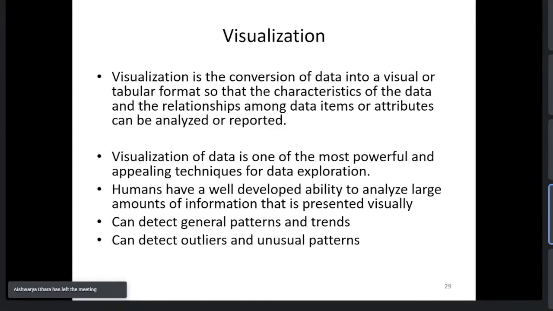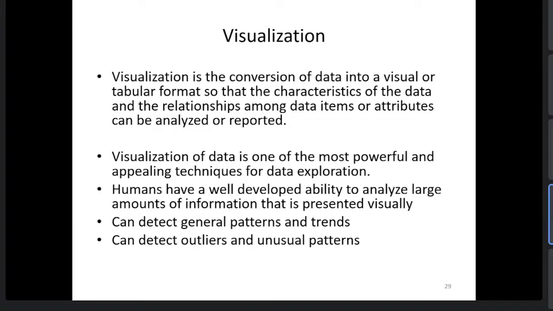And that is why we need to visualize the data. Because we can detect the patterns of the data, and what the trends are, what outliers are available in the data, and what the unseen patterns are. So visualization is very important. Just move to the next slide.